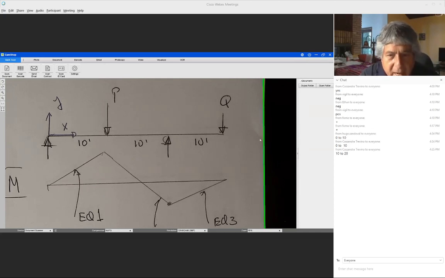What about the last equation? If I leave my origin at this location, the last equation is good between 20 and 30. Exactly. So for this method, the location of the origin is very important.